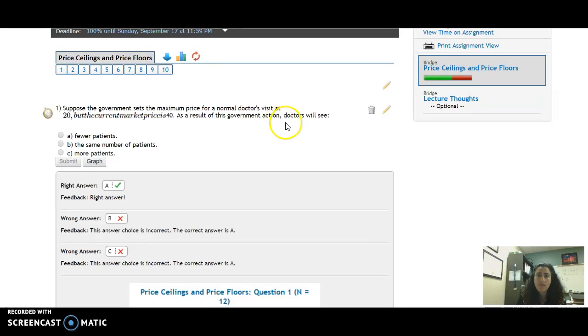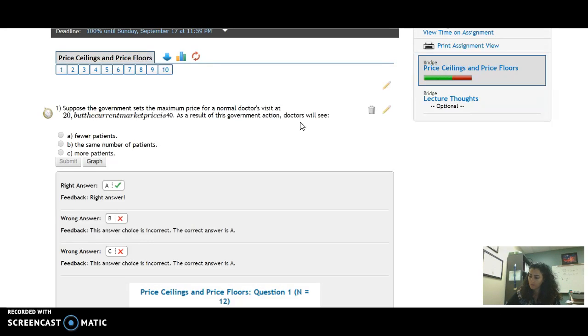As a result of this government action, doctors will see... So the correct answer is A, because while more people would want to see a doctor, the quantity demanded will increase, the doctors themselves will not see as many patients. They will decrease the quantity supplied.